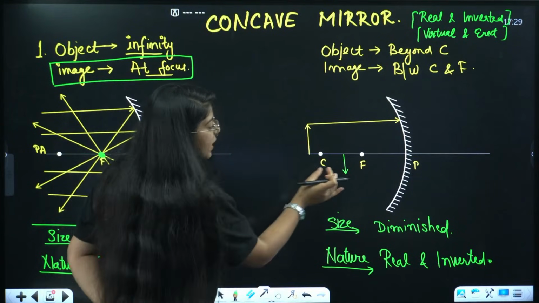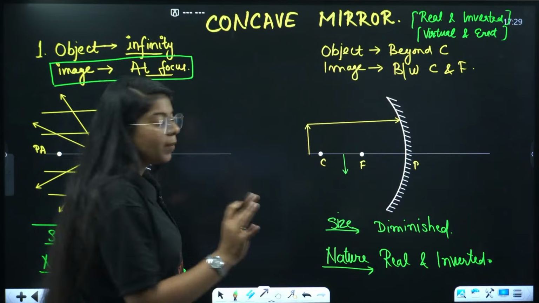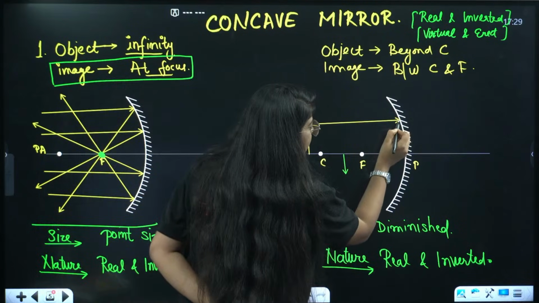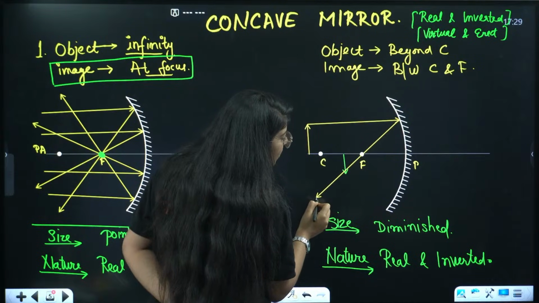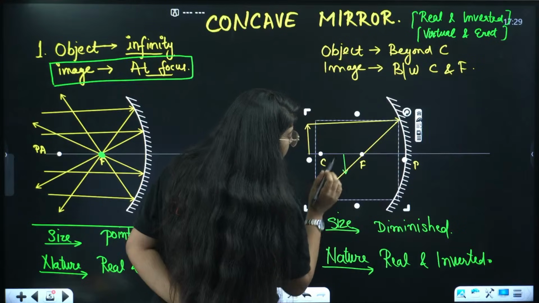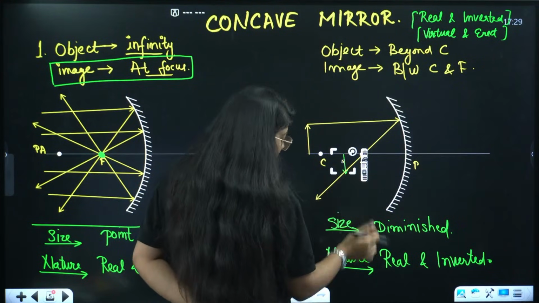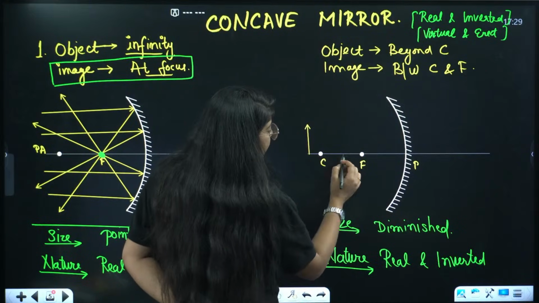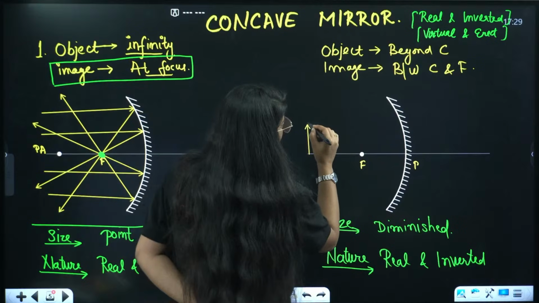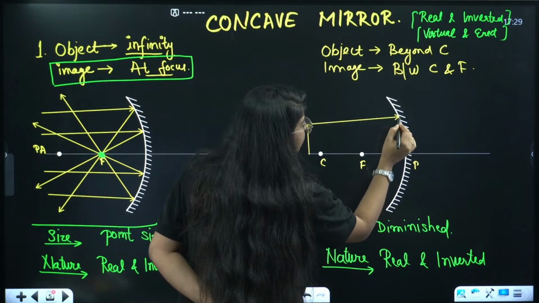Now see, this position might differ here and there based on your rays, but you have to pass this ray through the focus and make sure it is touching this arrow's head. Okay, if it is not, then you have to adjust this arrow. ठीक है. देखो, first you make a ray parallel and then you pass it through the focus.